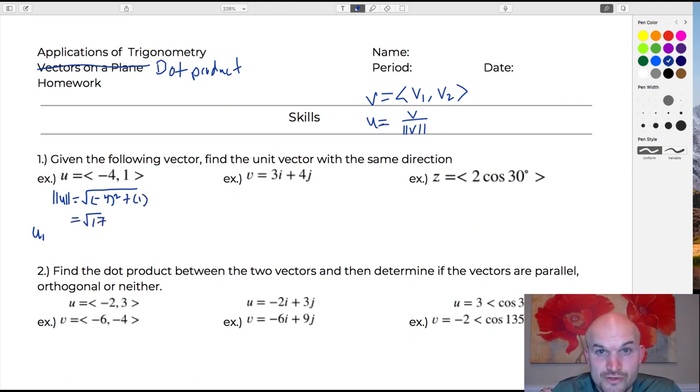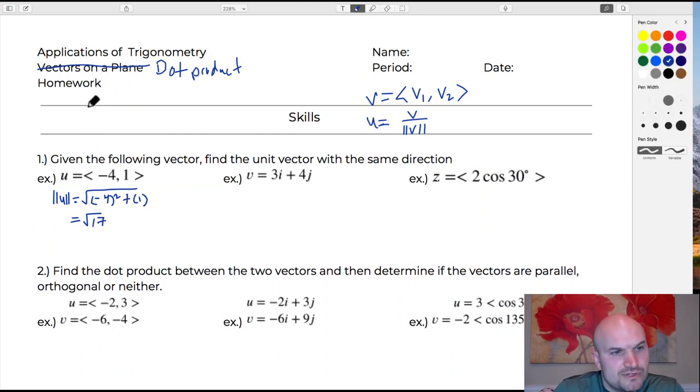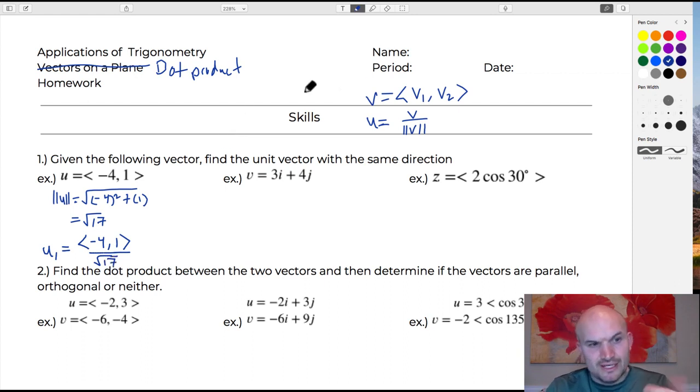So the unit vector in this problem, u1, is going to be the vector -4 over the square root of 17 comma 1 over the square root of 17. You can leave it like this, but typically we like to divide it in there so we can get the vector.